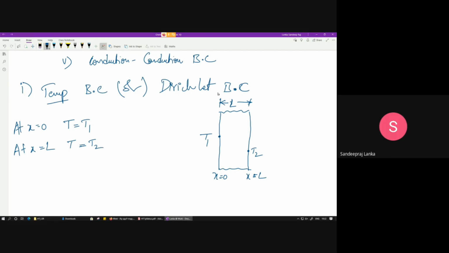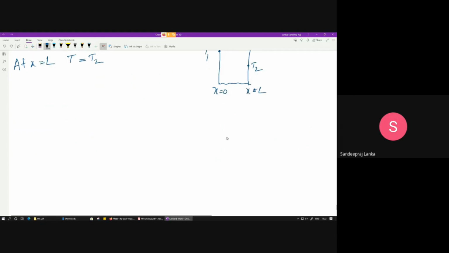It need not be a slab. It can be for anything for that matter. It can be for a cylinder. You can take a hollow cylinder. Let me write this one also. If I take a circle here, this has radius R1, this has radius R2.